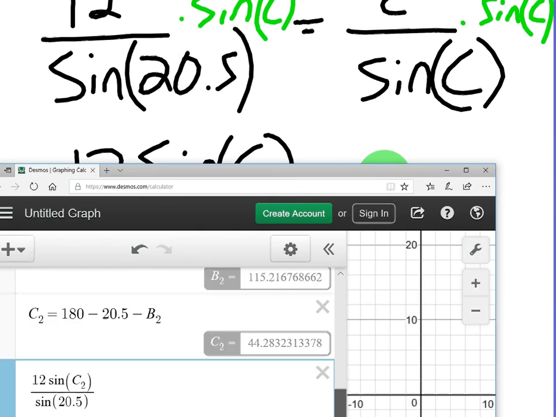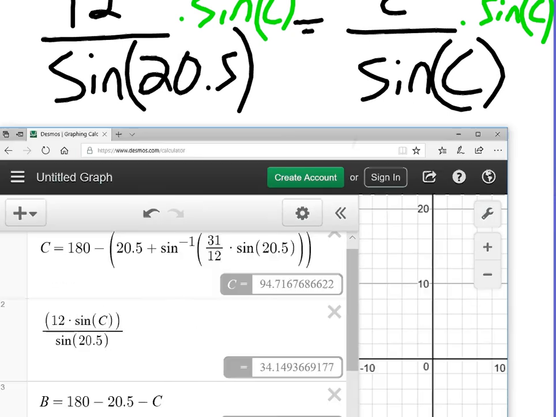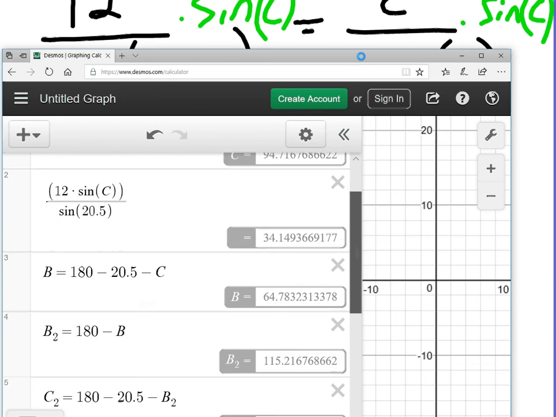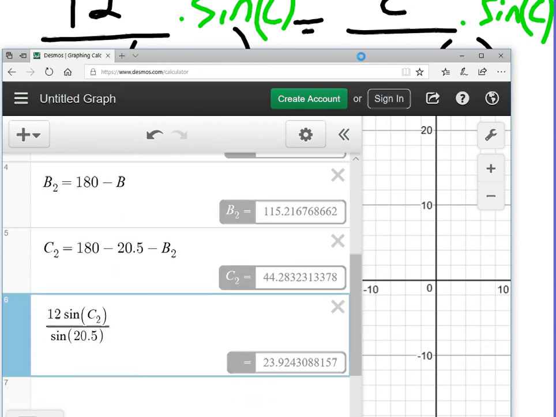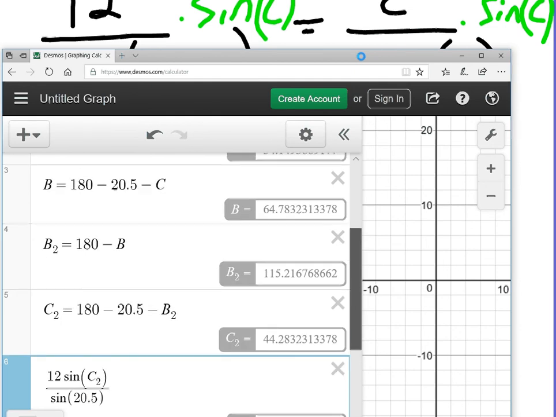So what I did was I went through here and I made sure that I labeled my second angle C2, which was 44.283. And I got that from my B2 angle, which I got from 180 minus 20.5 minus my first angle.